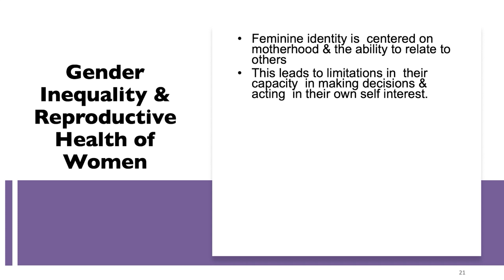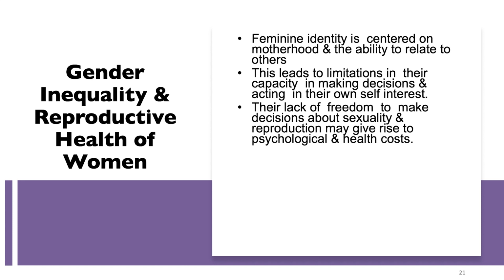So this leads to limitations in her capacity to make her own decisions and to act in her own self-interest. Always she has to consider the interest of the other family members. So there is a lack of freedom to make decisions about herself, even regarding her sexuality or her reproduction. So that may give rise to psychological and health costs.